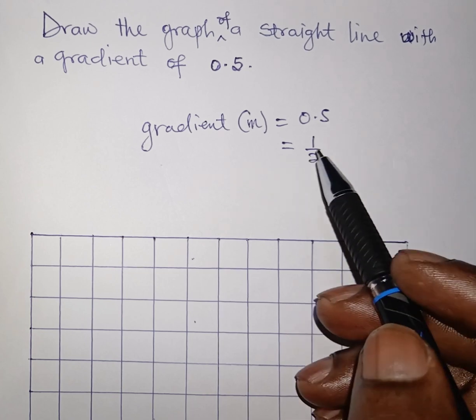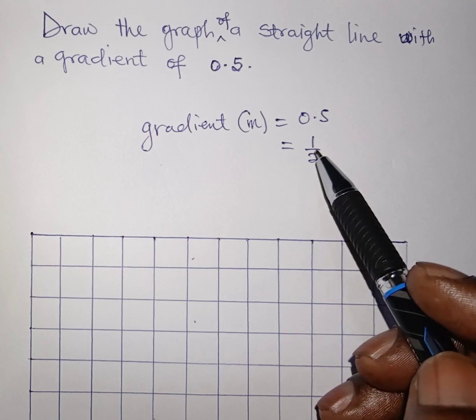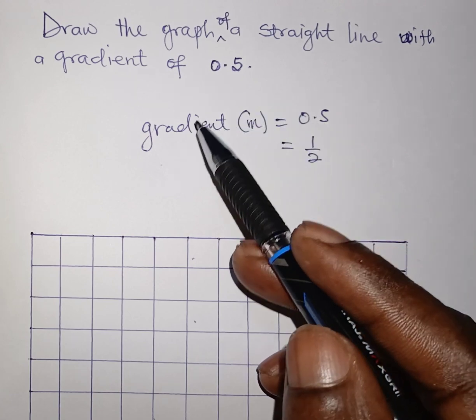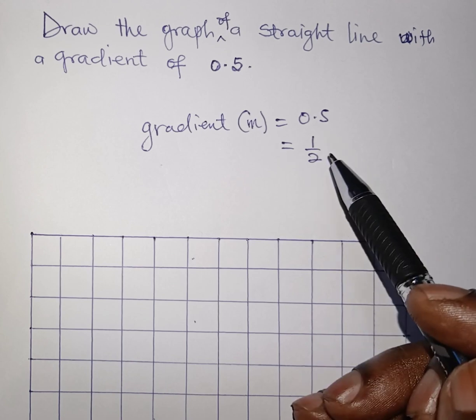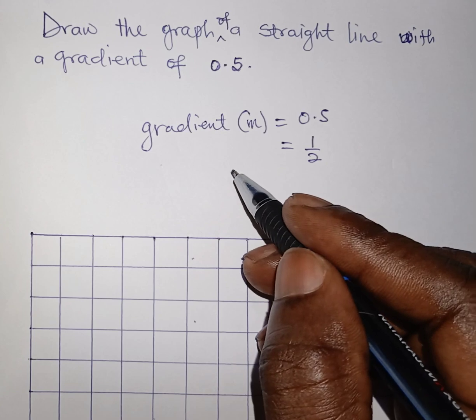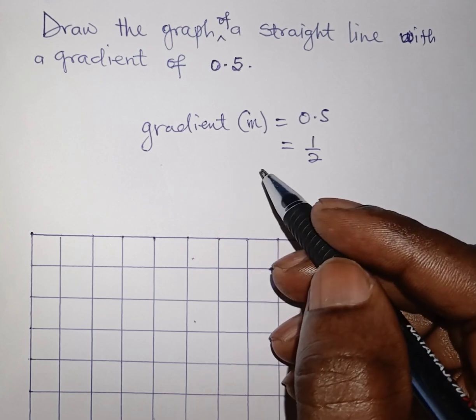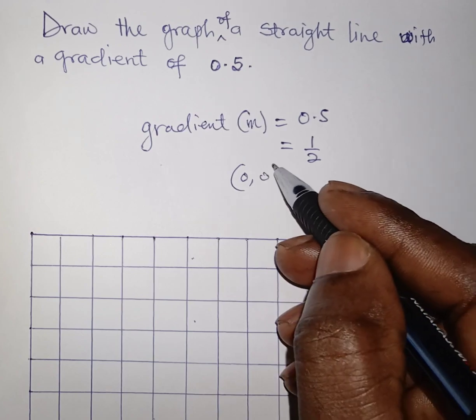Now when you have questions like this without the point or equation, but you are given already the gradient, automatically the x and y intercept is going to be the origin.